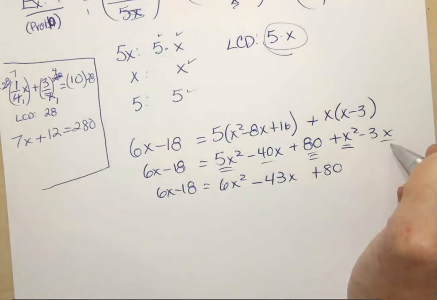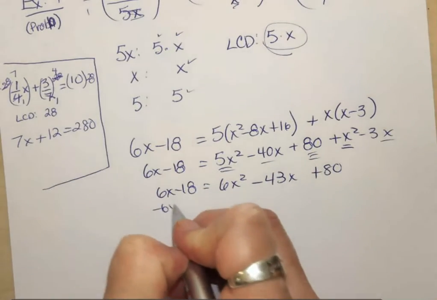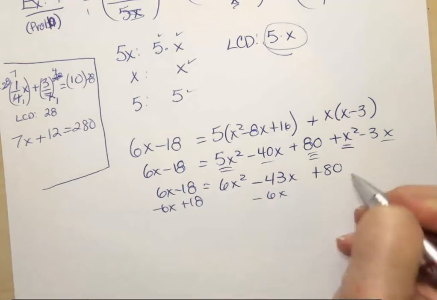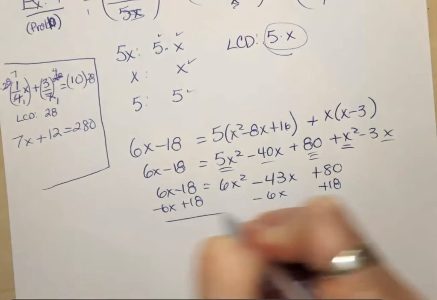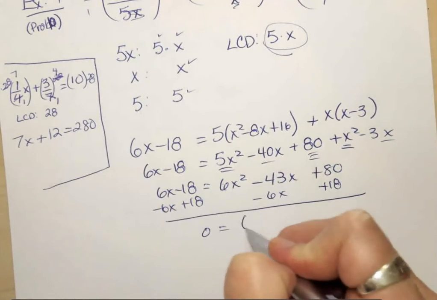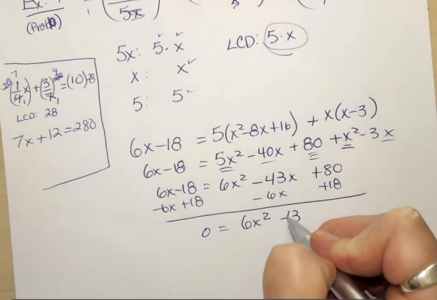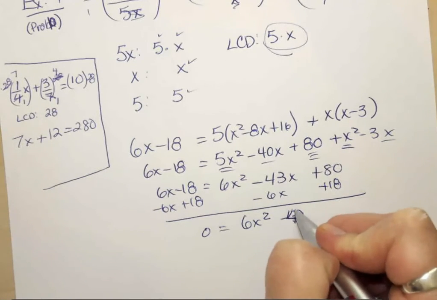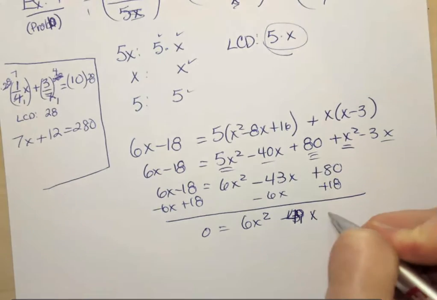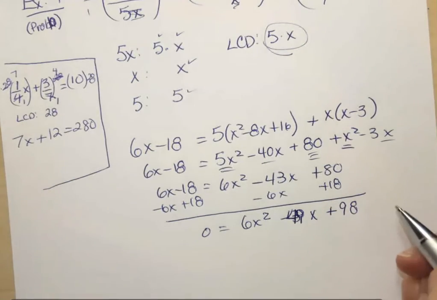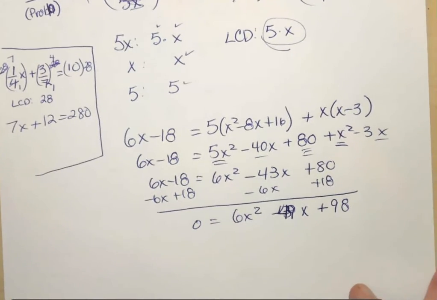Now I'm going to go ahead and bring everything over to one side. I just did that in one step. You could do it in two if you wanted to. Minus 49x, and then it would be plus 98. Woo! That's a big one.